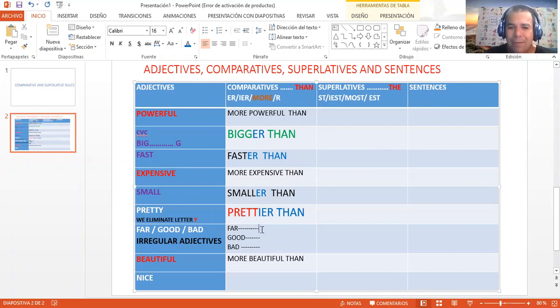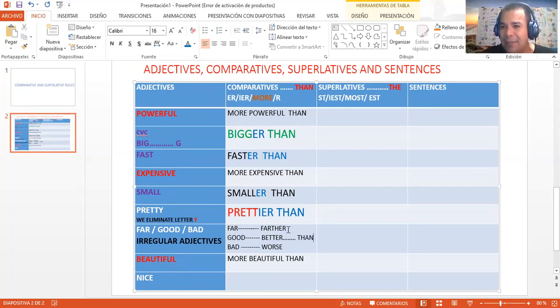So the comparative for far is gonna be farther. The comparative for good is gonna be better. The comparative for bad is gonna be worse. So that's the way that we write the comparative of these 3 irregular adjectives. Thank God, it's only 3 irregular adjectives that we have for this structure. And remember, with all these 3, always at the end, we're gonna use than all the time.